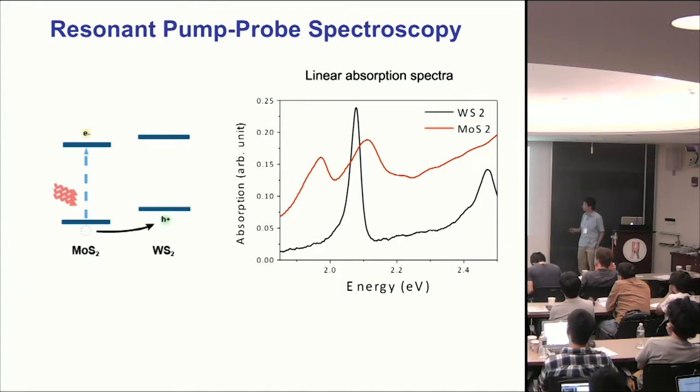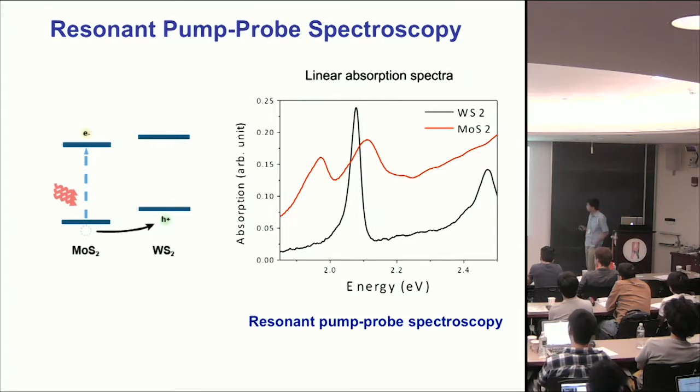So how can we measure the charge transfer process? Usually we use femtosecond pump-probe spectroscopy, which benefits from the fact that these 2D semiconductors have very well-defined excitation resonances. That means by choosing different laser energies, we can selectively pump a specific material or selectively probe a different material.